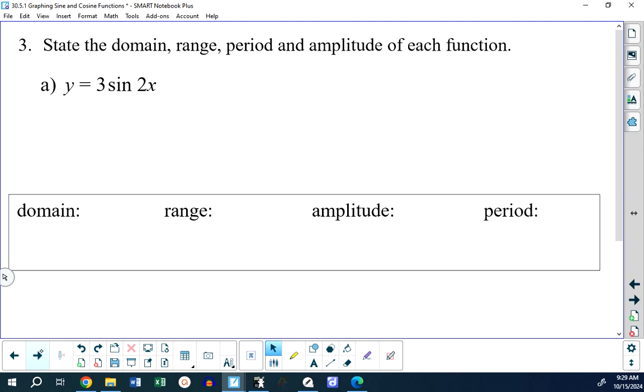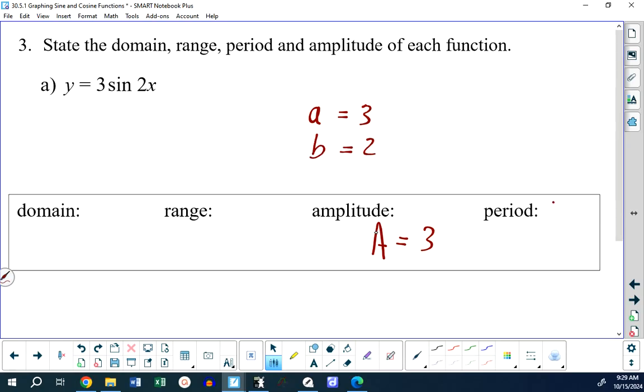That's it. So this should take you almost as long to read as it should to write in the 4 answers. The amplitude is 3. And write capital A equals. Don't just write 3. Get used to that notation. The parameter A is 3. The parameter B is 2.